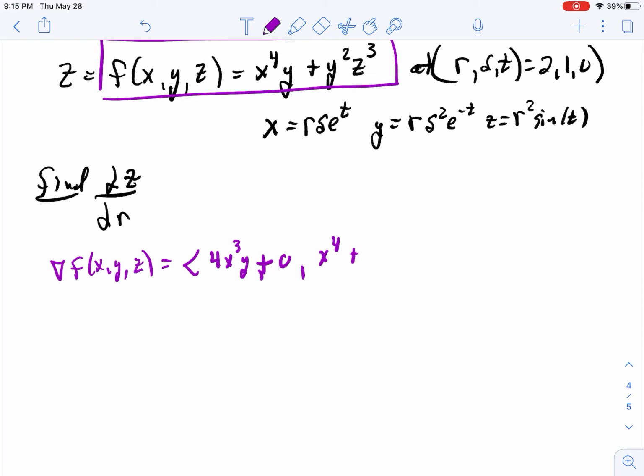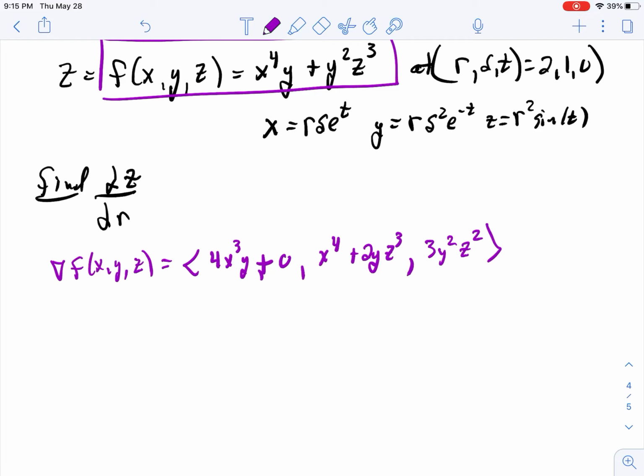Now the derivative of y. So it looks like x to the fourth plus 2yz cubed, comma. Now the derivative of z would be 3y squared z squared.